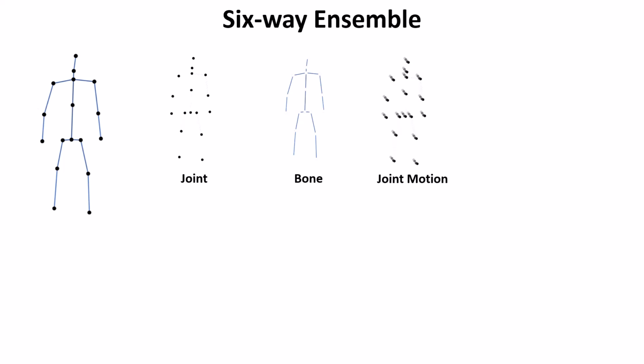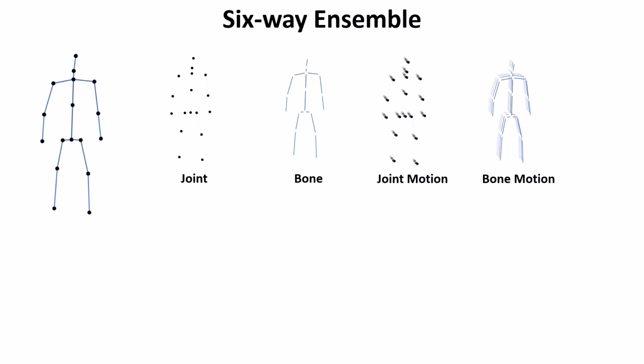And the other one is joint motion. So we have joint at frame 1 and joint at frame 2. We can consider the distance of it as a joint motion. And similarly, we can do it for the bone motion.